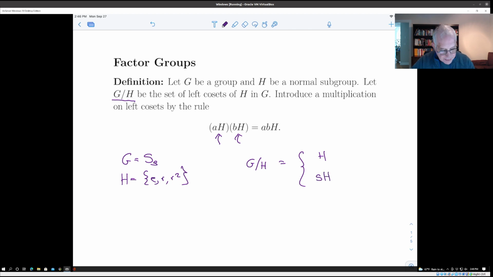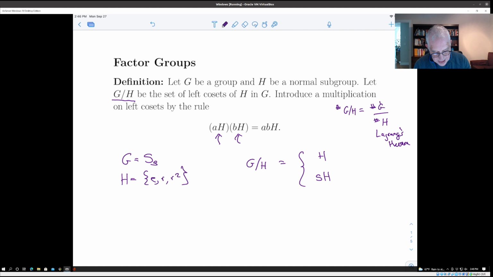And remember here that the number of elements in G mod H is the number of elements in G divided by the number of elements in H. This is Lagrange's theorem. Of course, that could be infinite, in which case it's just infinite. But if G is a finite group, or if G is an infinite group and H is a subgroup of finite index, then this could be a finite number.